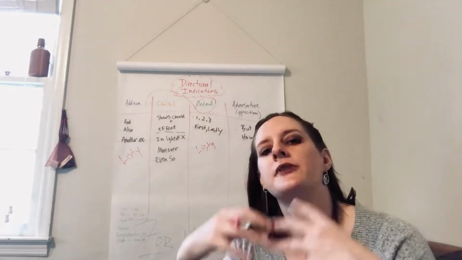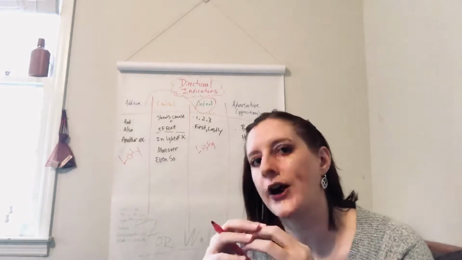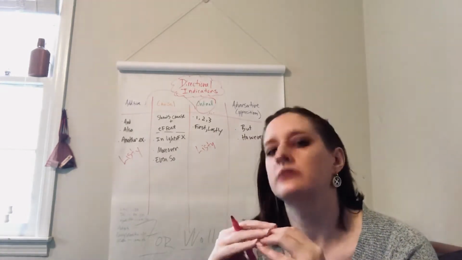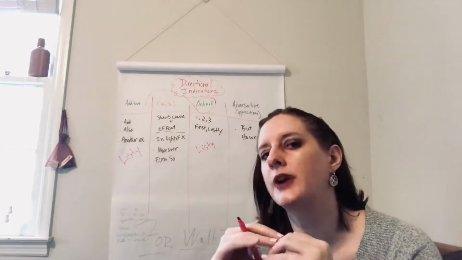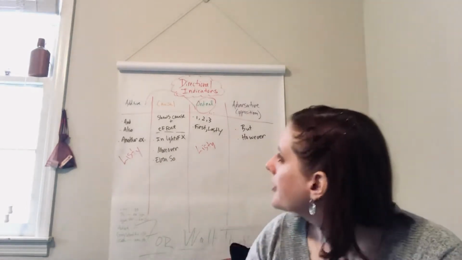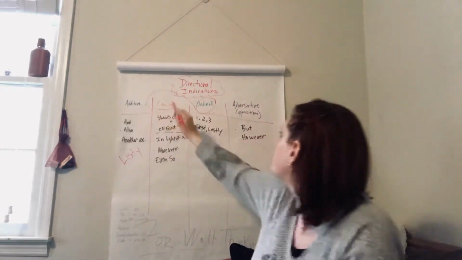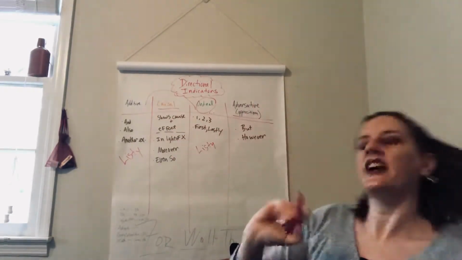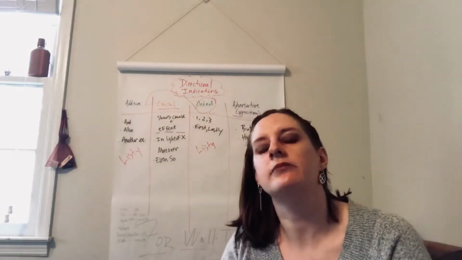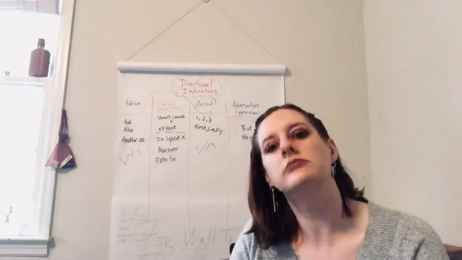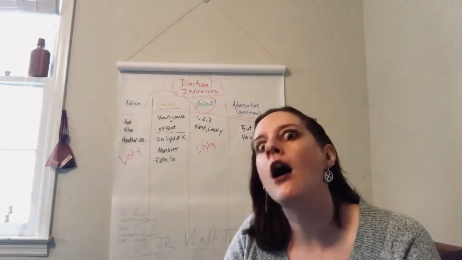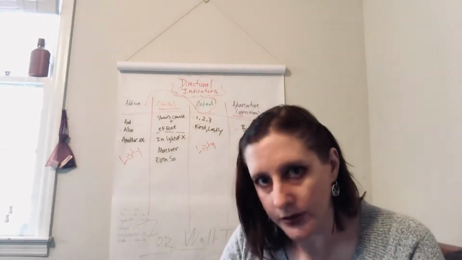So if you're doing things within paragraphs to talk about the order of how you're going to approach ideas, ordinal directional indicators can help you very much. Now the other 2, causal and then adversative. These are going to be the winner, winner, chicken dinner directional indicators for not just this paper, but all the papers you will write ever.